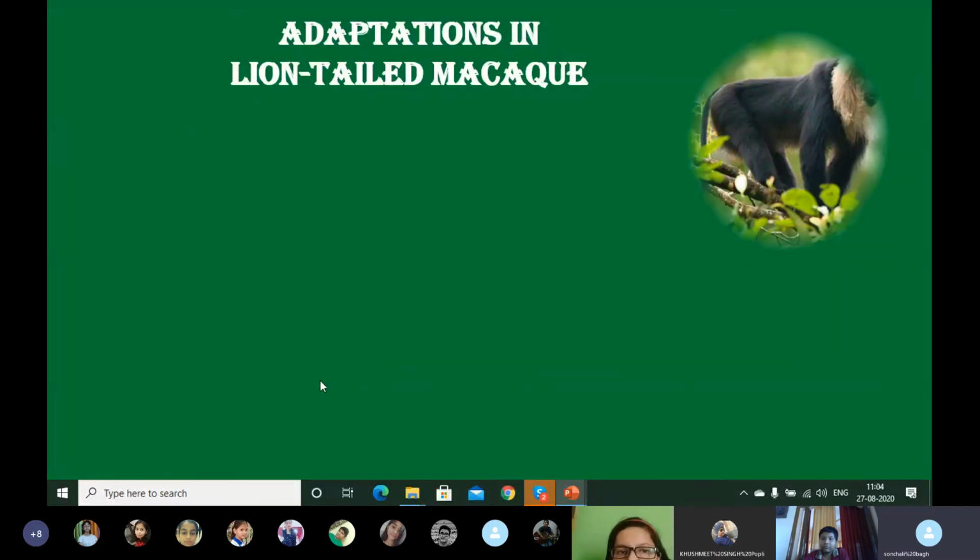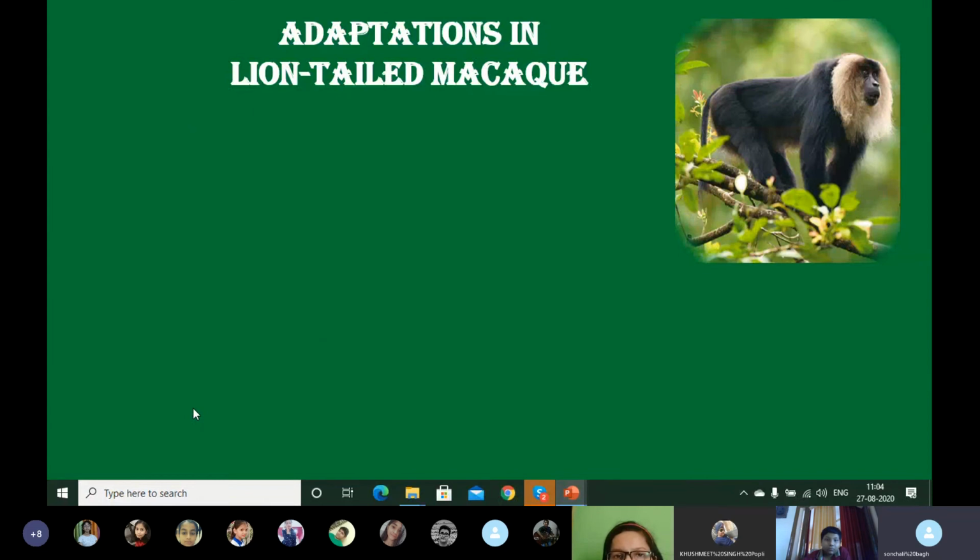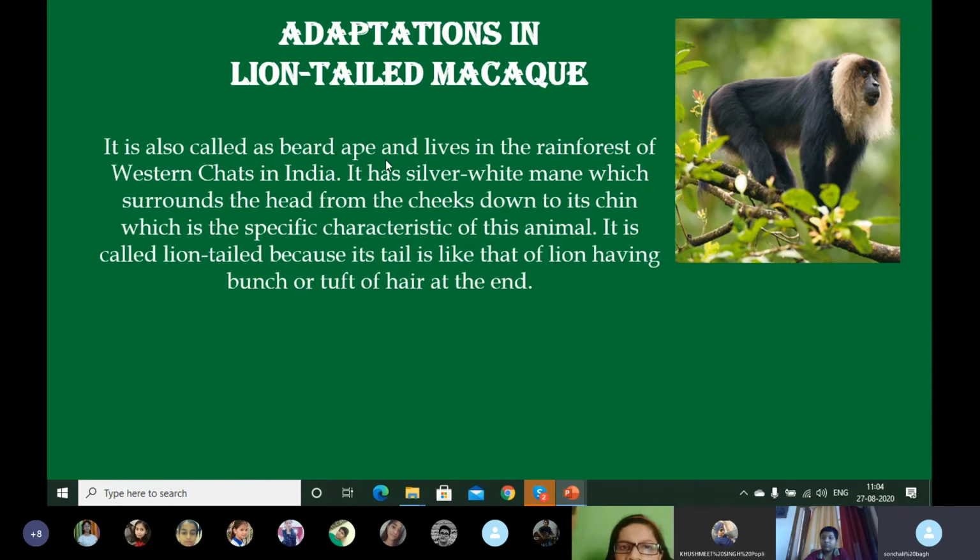Now, next is the lion-tailed macaque. It's a monkey, also called a beard ape. It lives in the rainforest of the Western Ghats in India. It has a silver white mane which surrounds the head from its cheek down to its chin, which is the specific characteristic of the animal.